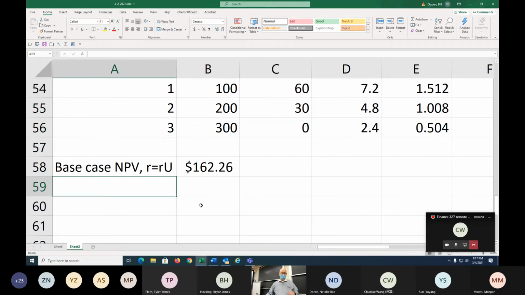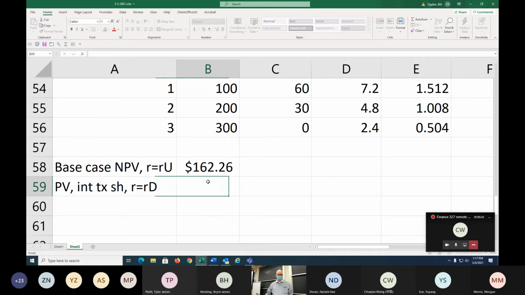So we're going to do present value. Oops. Shields R equals RD. Okay, R equals RD. So let's do it.